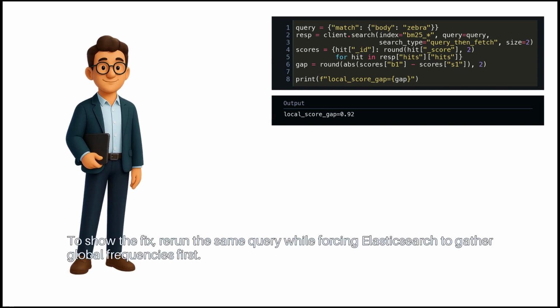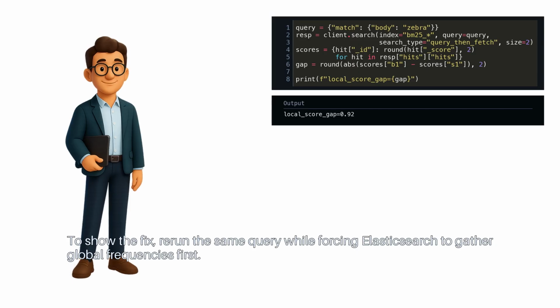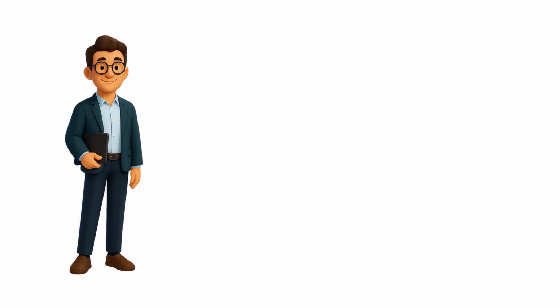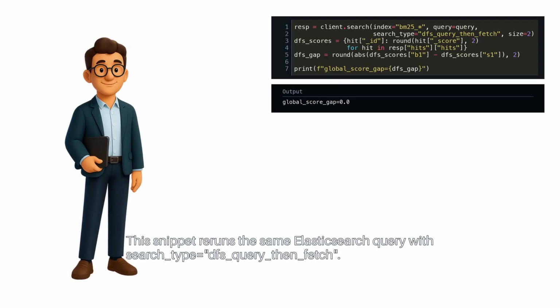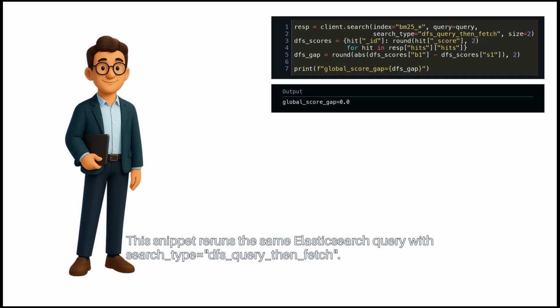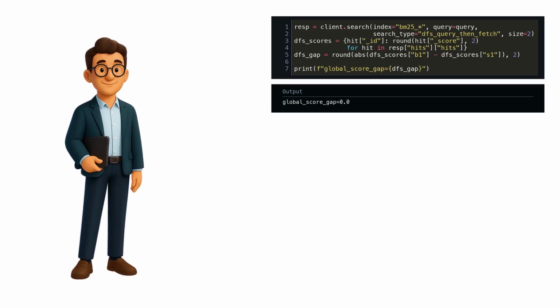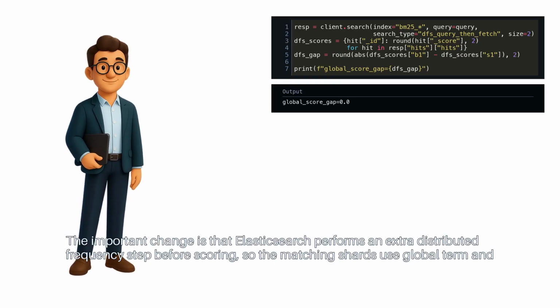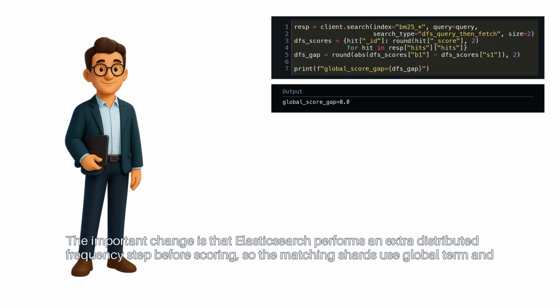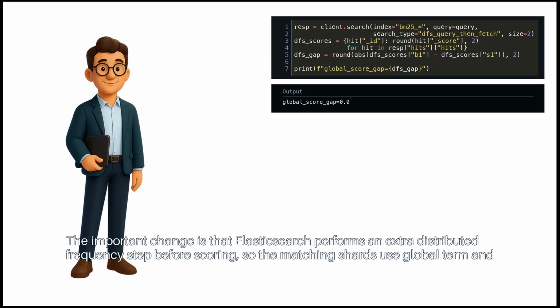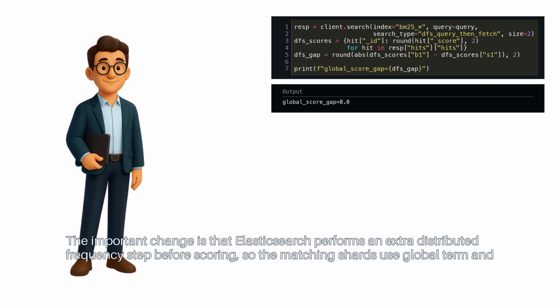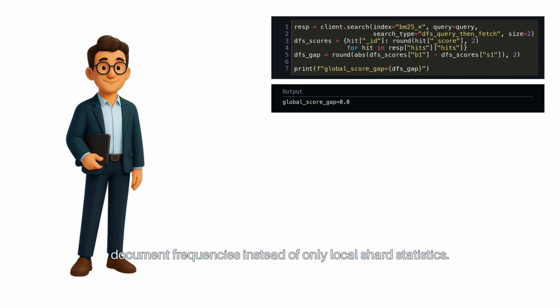To show the fix, rerun the same query while forcing Elasticsearch to gather global frequencies first. This snippet reruns the same Elasticsearch query with search type equals DFS query then fetch. The important change is that Elasticsearch performs an extra distributed frequency step before scoring. So the matching shards use global term and document frequencies instead of only local shard statistics.